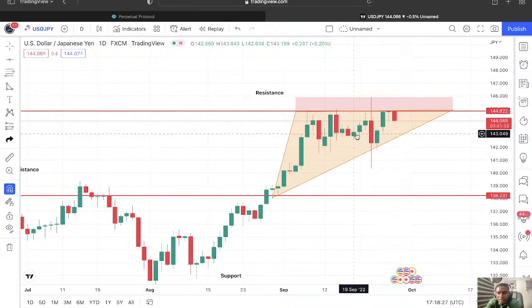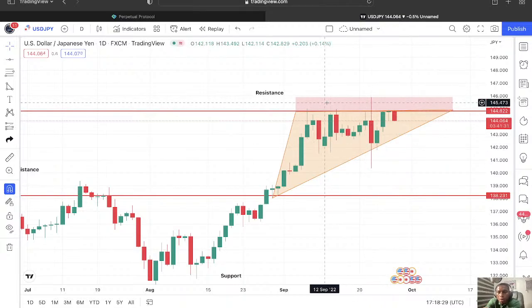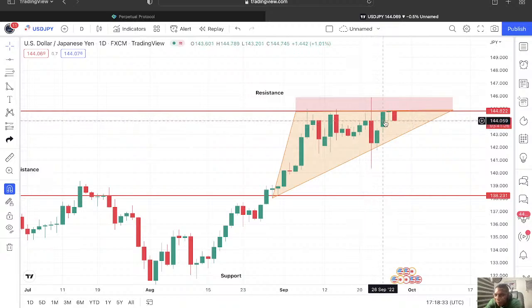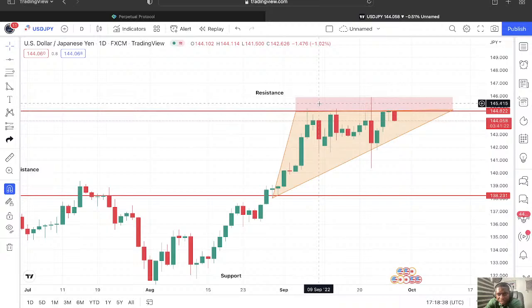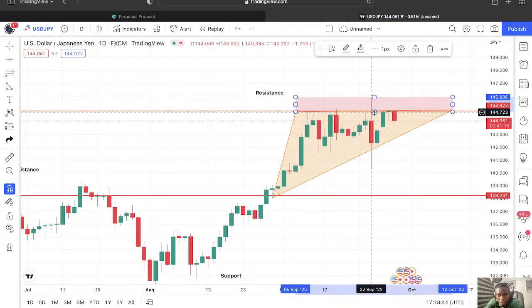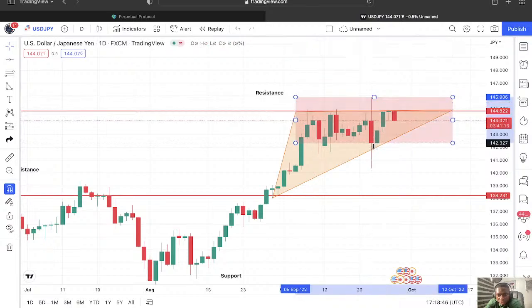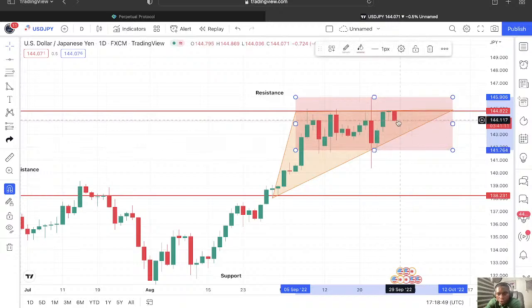It shows that there is still more buying power here, because definitely you can see price had consolidated at this same region. You can see price consolidating at this region, and then you can see that the price has consistently touched the resistance zone.